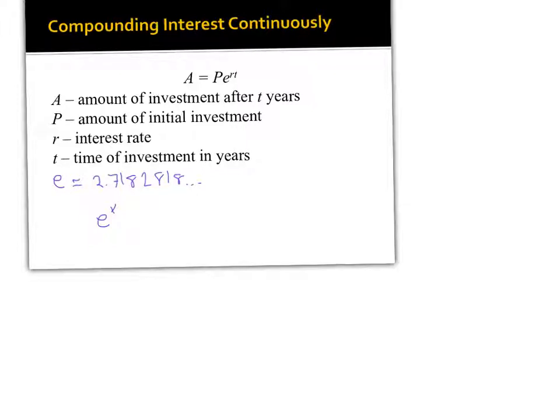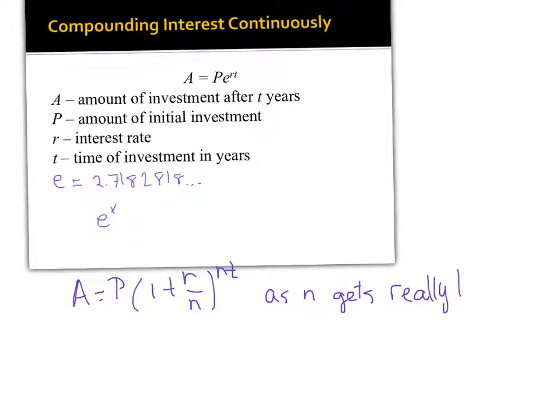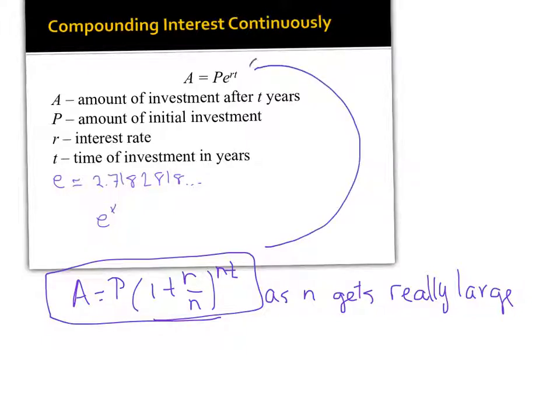It turns out that the last formula we had, so we had A equals P, you don't have to write this down. I think this is just an interesting thing to note. What happens with this formula is that as n gets really large, the answers when you start plugging stuff in here, no matter how large n gets, eventually the answers start looking like this.